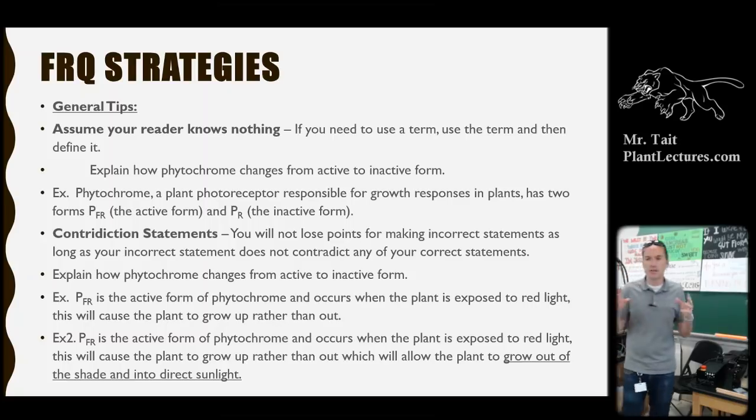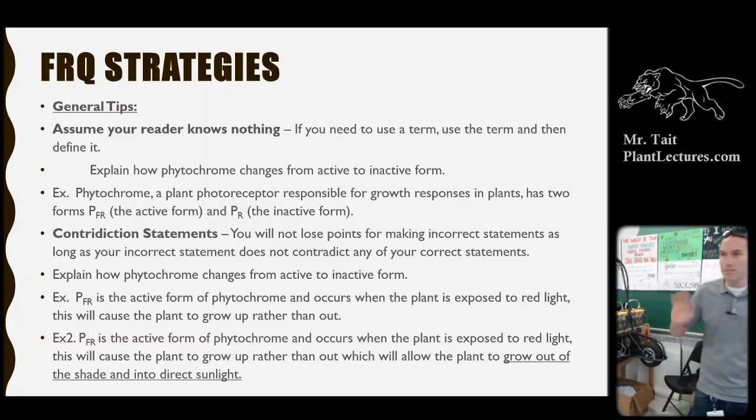Contradiction statements. This one is different than what you guys have learned in the past because I know that your AP US History and your AP World History teachers have told you something different. So let's say in AP US History, you wrote George Washington was the first president, George Washington loved apples, George Washington played chess, George Washington fought in the Revolutionary War, George Washington fought in World War II, George Washington was born in 1950.